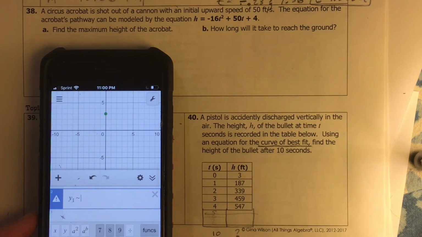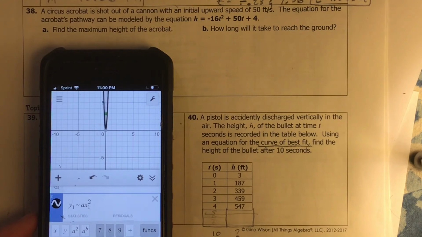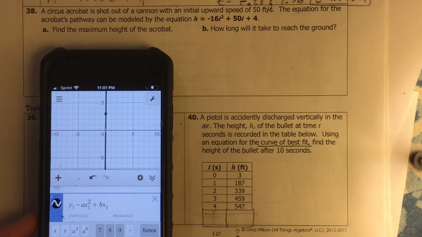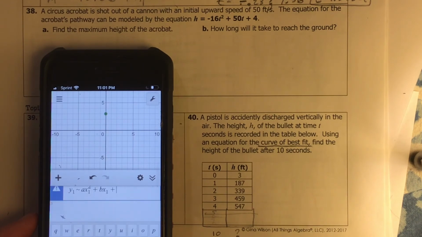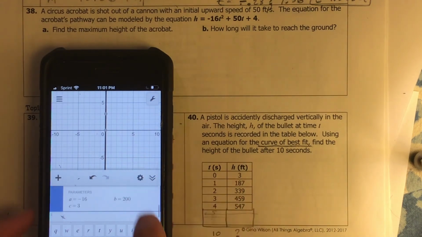Okay. a x squared 1 plus b x 1 plus c. Okay, now it should tell me my parameters.